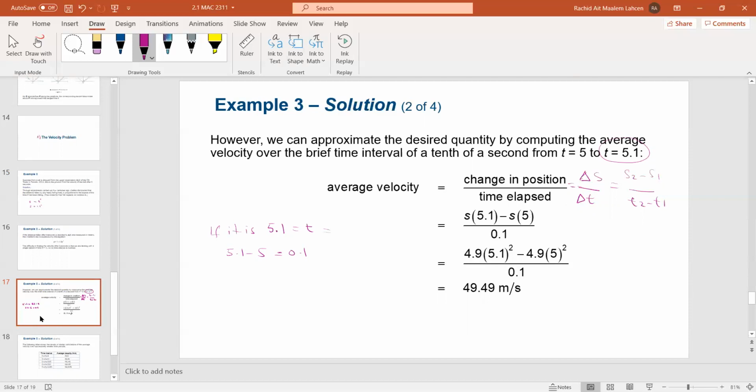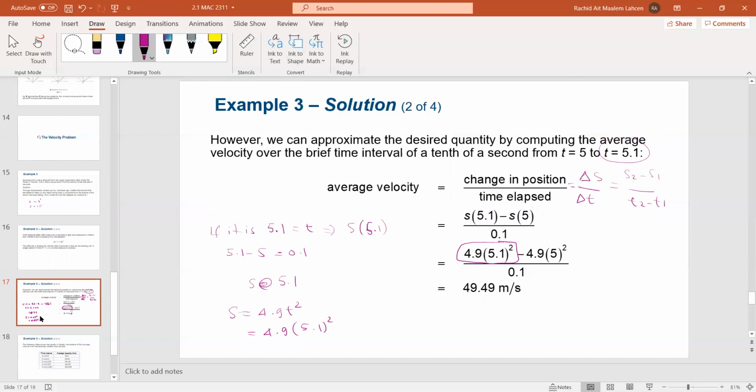So you need to find s at 5.1. How do we find s at 5.1? We go back to the formula: s is 4.9 t squared. So 4.9 times 5.1 squared. That's this part.